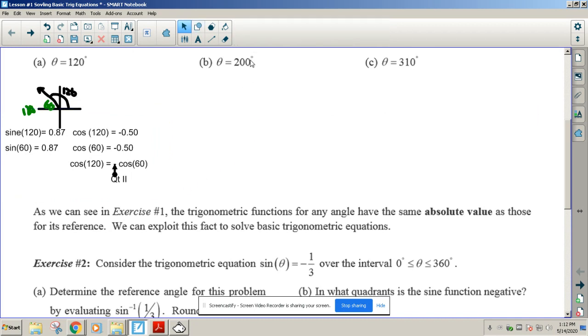Now let's talk about 200. Now 200 means we're an angle that's terminating in quadrant 3. And I know I'm terminating in quadrant 3 because I have to go beyond 180 into 200.